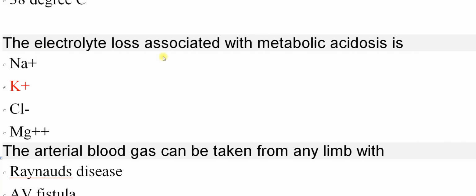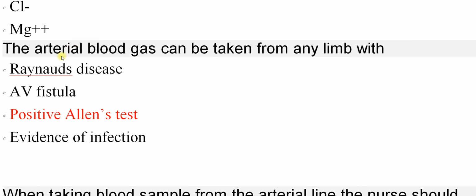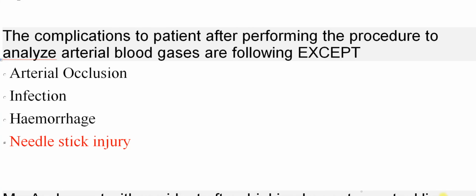The electrolyte loss associated with metabolic acidosis is potassium. The arterial blood gas can be taken from any limb with, answer is positive Allen's test. The complications to patient after performing the procedure to analyze arterial blood gases are the following except, answer is needle stick injury.